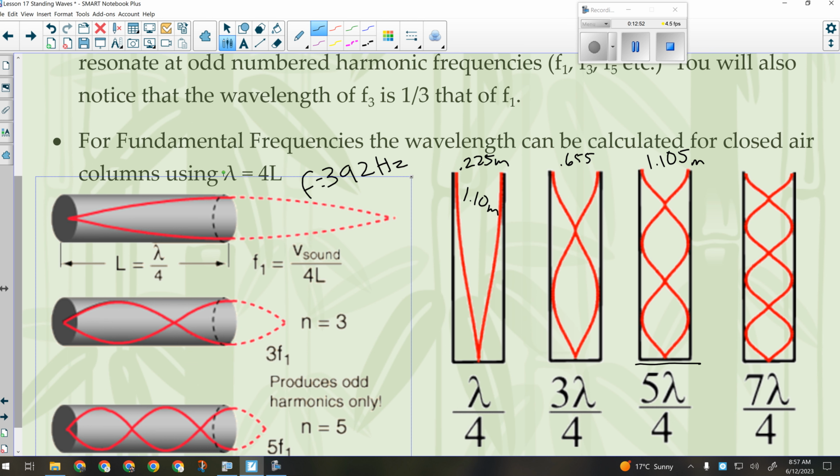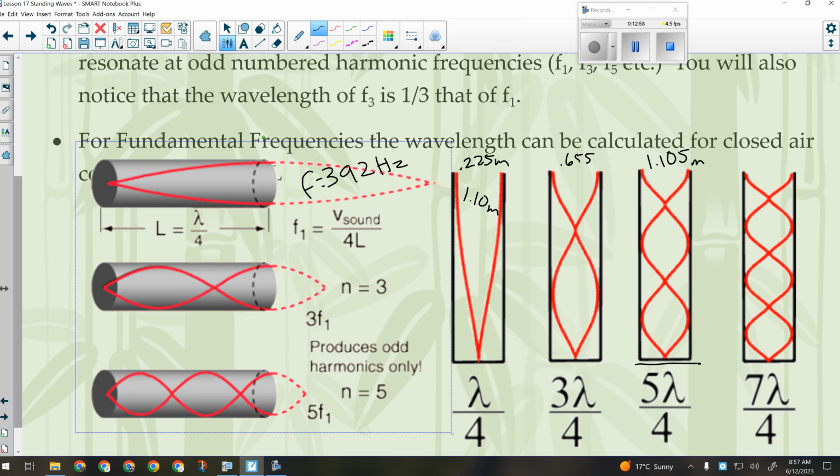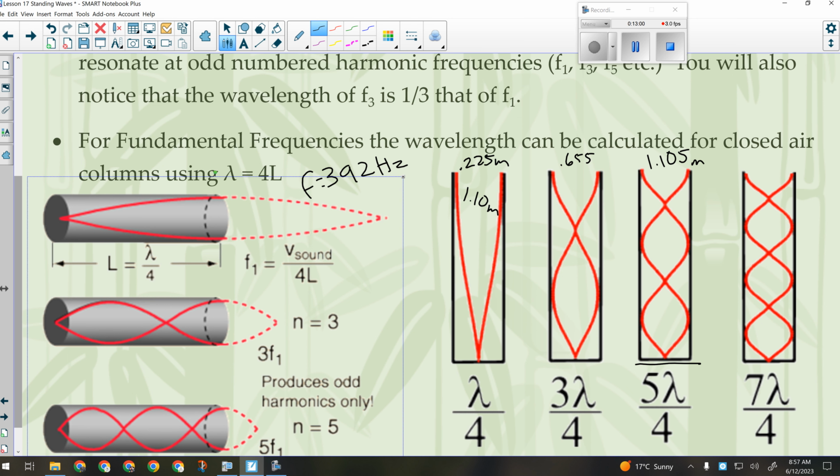Okay, and the 0.655 represented 3/4 of a wavelength. So 0.655 equals 3/4 times lambda. Then all I have to do is divide both sides by 3/4, and then I have lambda.